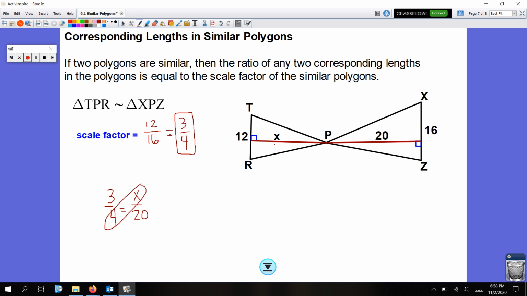Cross multiply, 4 times x, 4x. 3 times 20 is 60. Divide both sides by 4. And I get x is equal to 15. Fantastic. Now we know that the height of this triangle is 15.